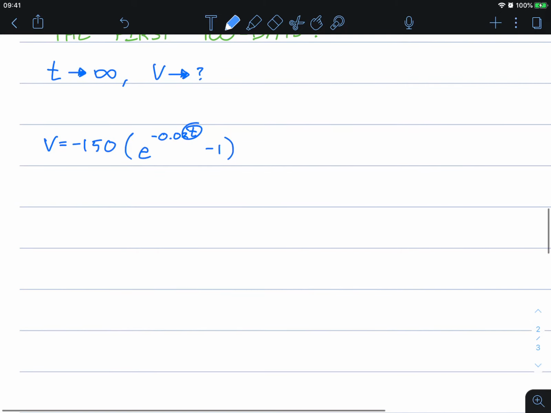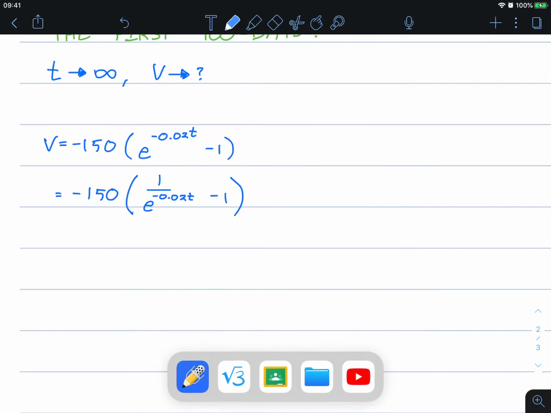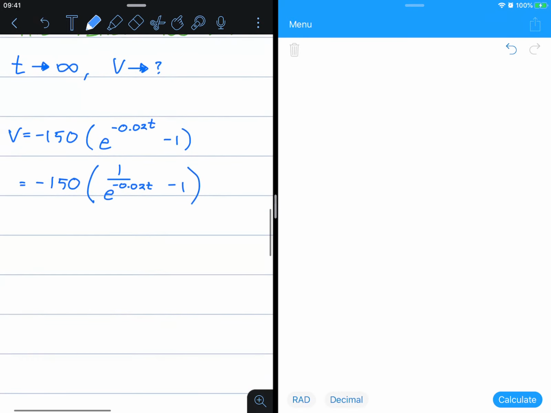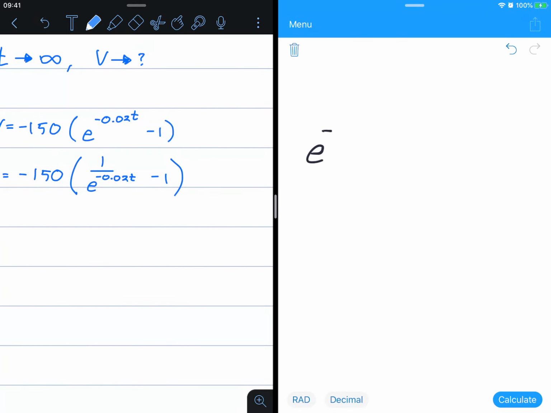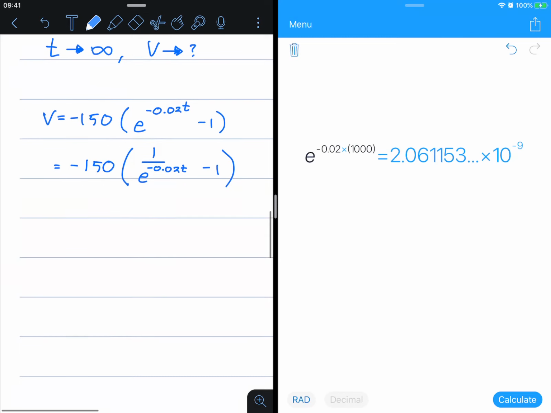As t approaches infinity, let's change this a bit here. This will become 1 on e to the power of negative 0.02t, minus 1. Let's try what happens as t approaches infinity. So e to the power of negative 0.02 of very large numbers, let's say 1,000, that's a very small number.